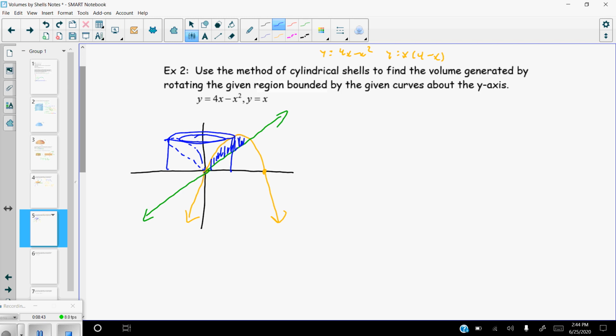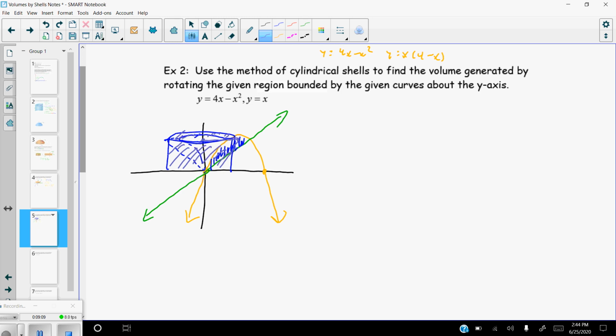So here we're going to have our cylinder. There's our cylindrical shell. The radius is going to be some kind of an x value. The radius is going to go from the center out to wherever this thing hits. Right there, it's going to be some kind of an x value.